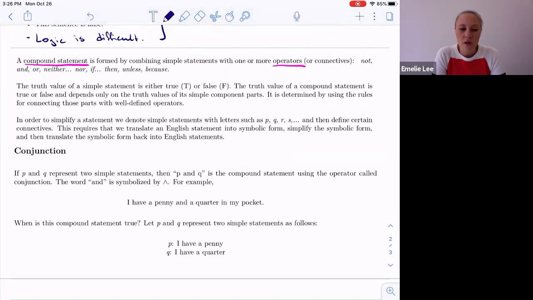So our most common, so statements can be false, right? They're allowed to be false. They're either true or false, but they have to be able to be classified as either true or false. Nice.